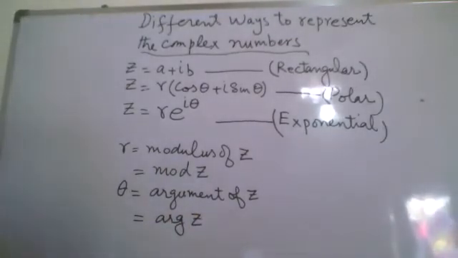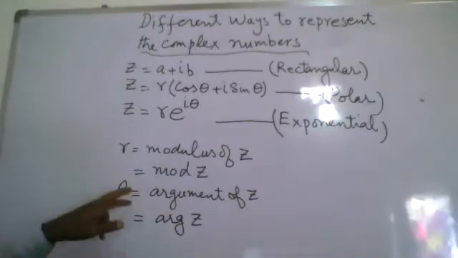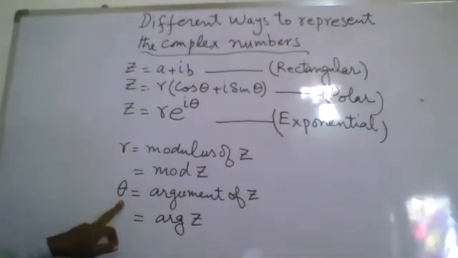This is the rotation of the complex number. How much it is being rotated. What is the degree of rotation? What is the angle of rotation? So theta may be in degrees or may be in radians.